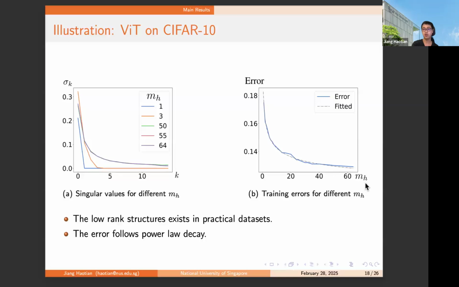We also plot the approximation error, the training error, against the attention size, and we observe that the error also follows a power law decay. This illustrates the low-rank pattern in some real data sets, and for targets with low-rank patterns, the transformer can indeed learn them efficiently.